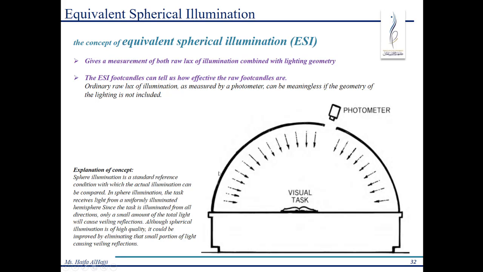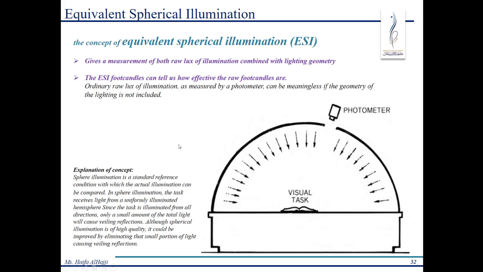The light is coming evenly from all the areas, so any area that has reflections is going to reduce the quality. They're going to emit that light from that sphere, so it's going to reduce the lux of that sphere.